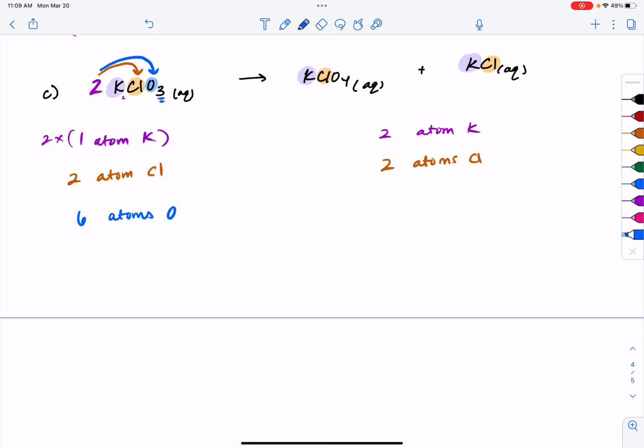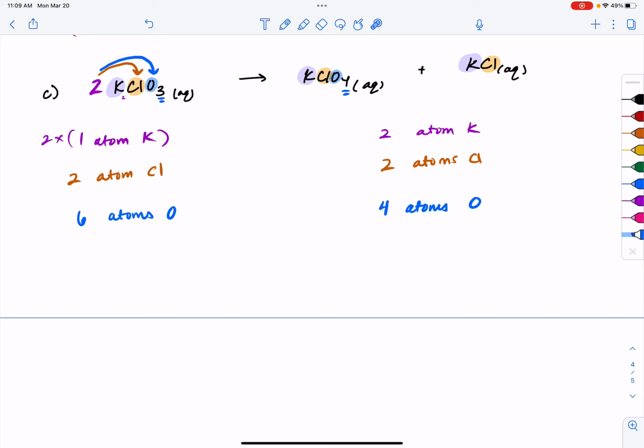And then if we look over here, I've got oxygen, and based on that subscript, I have 4 atoms of oxygen. Uh-oh, this means that I am not balanced.